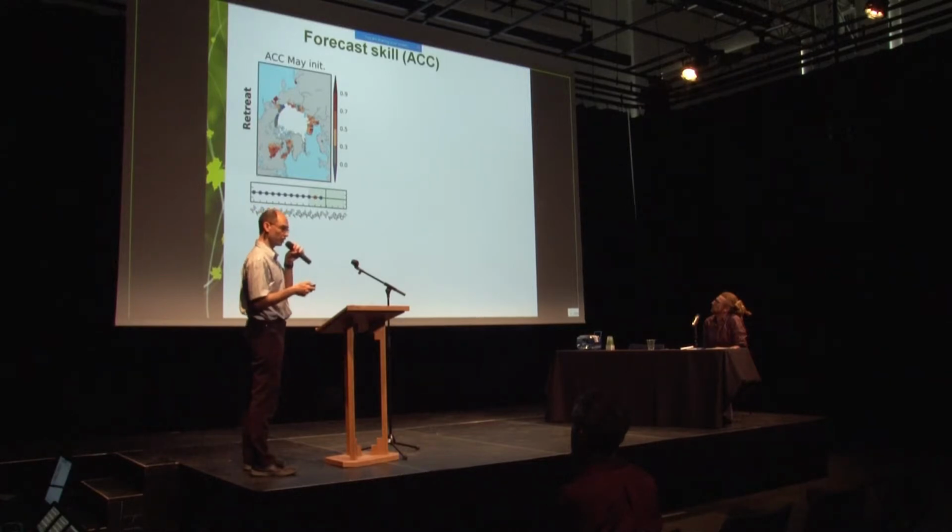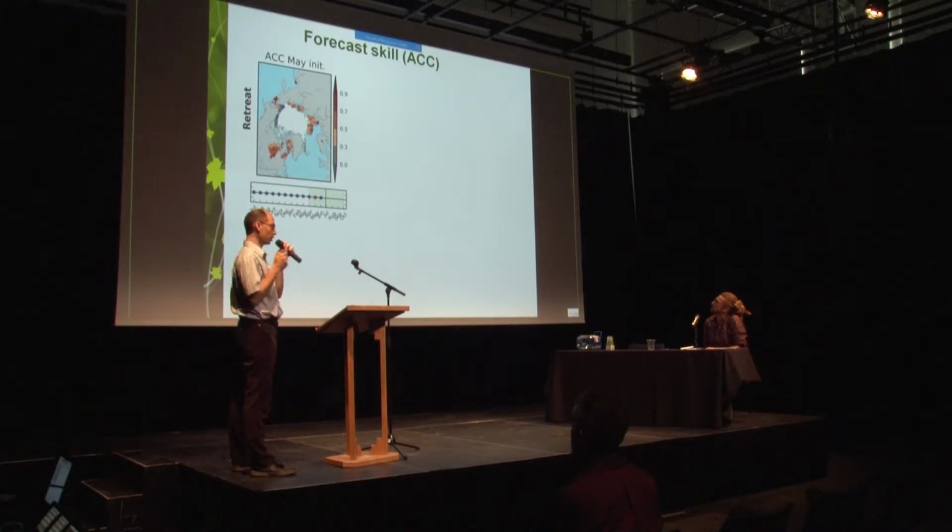So what happens if you initialize our model earlier in the season? Well, I can show you this plot for all these 12 months, but I'm not going to do that. I'm going to condense information by showing you the earliest initialization month where we can get a significant skill of the retreat date, with the additional constraint that the forecast remains skillful if you initialize closer to the retreat date.